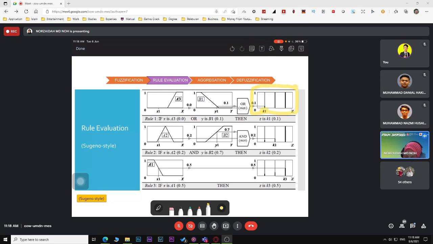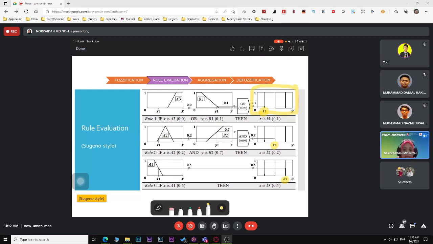So constant dia dekat sini K1, K2 and K3 is a constant. Maknanya kalau universe of discourse is between macam tadi 4 to 24, right? If that is the universe of discourse, so value K1, K2, K3 tu adalah some numbers in between that. It's not an area, but it's just one spike, one line. So dia ada value satu tu je.